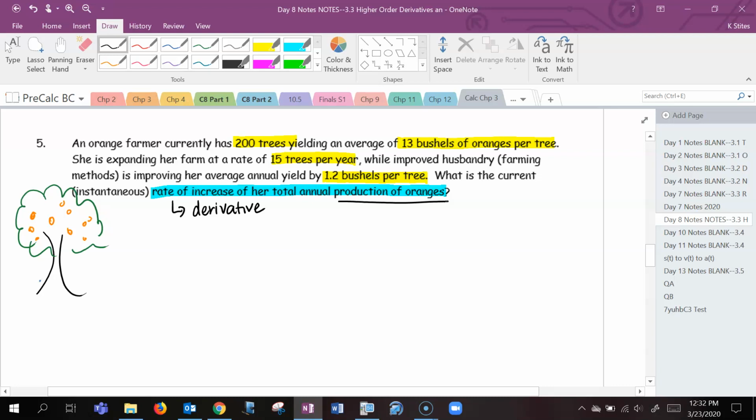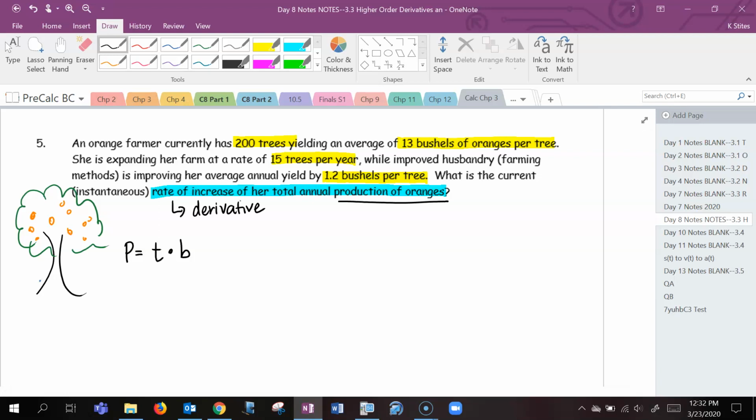So, how do you find the production? Well, the production is just going to be how many trees you have times how many bushels you're getting per tree, right? So like if you have 200 trees and you're getting 13 bushels per tree, that would be what your production is, okay? But we don't want her current production, we want her rate of increase. So how is her production increasing?